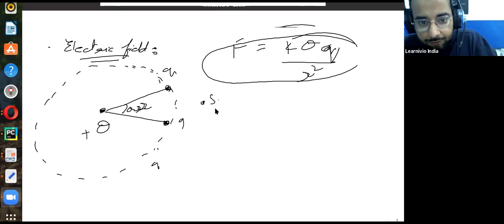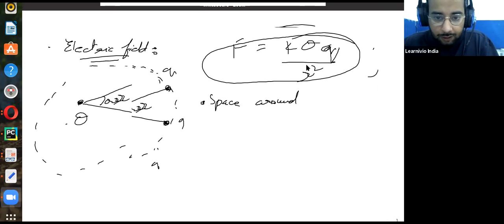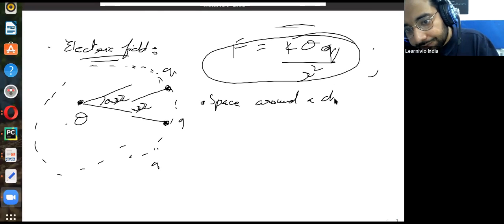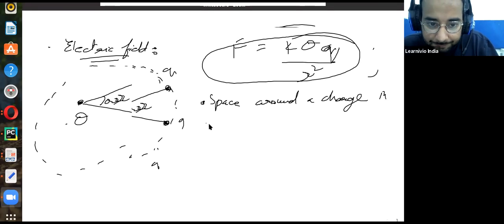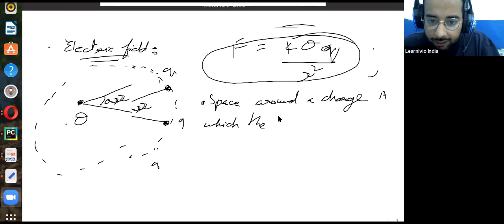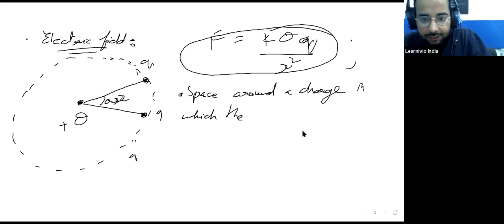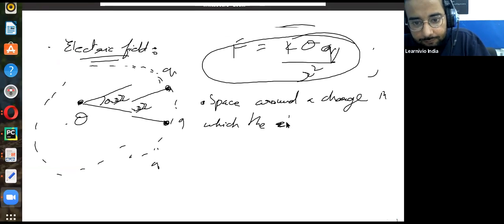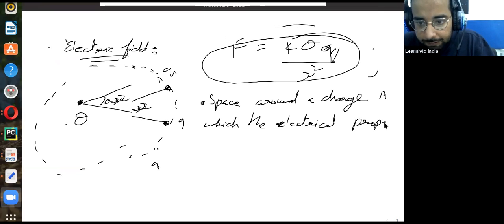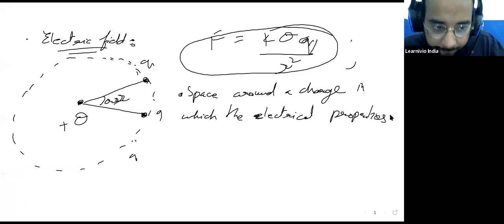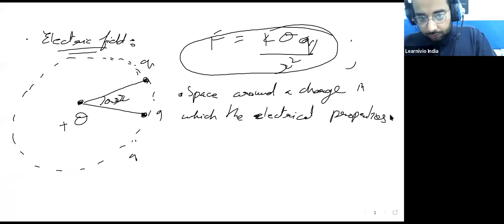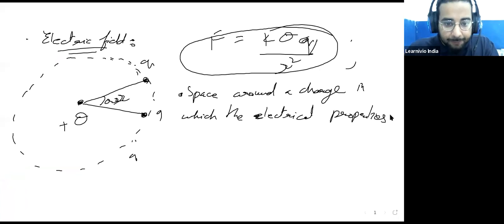So how will you define it? You will define it as the space around a charge in which the electrical properties, by which I mean the force because of the charge, the Coulomb force because of the charge that we've been talking about, those are the electric properties that I'm talking about, can be experienced.